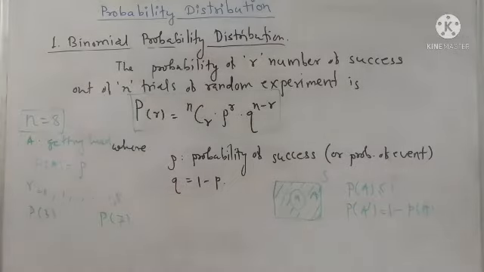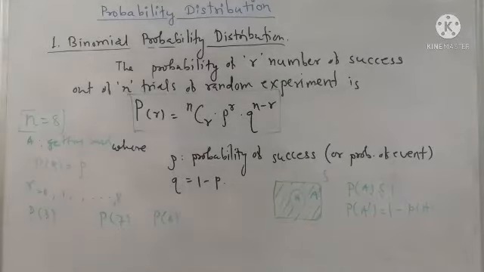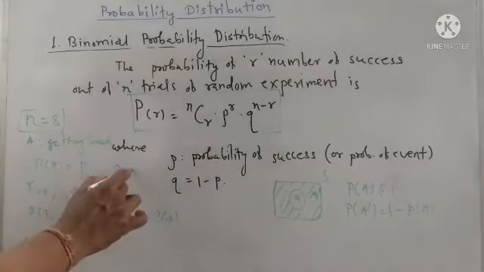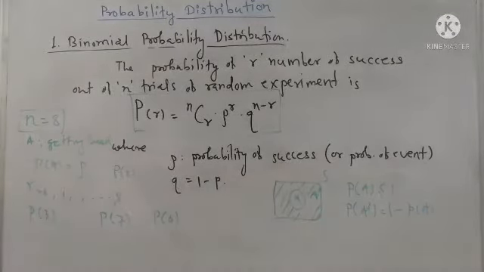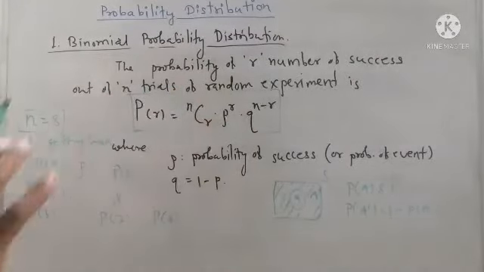If we want no head at all, that means we want 0 successes, then we put it as P of 0. P of 2 means a head will appear 2 times out of 8 trials. Do you understand? So to evaluate P of r, we have to remember this formula.